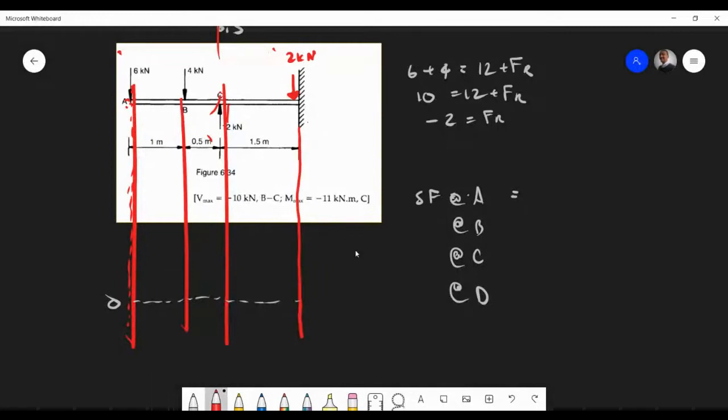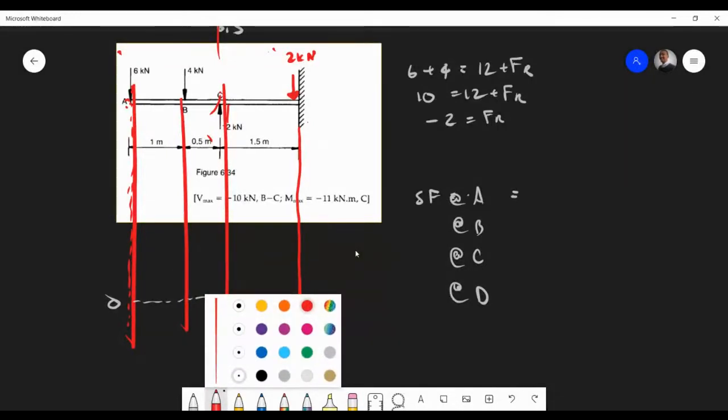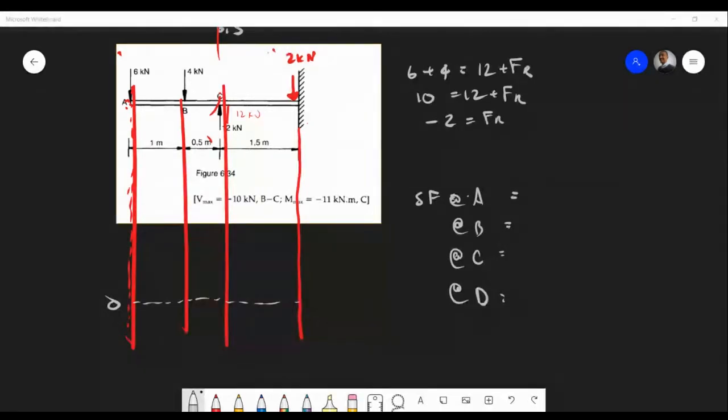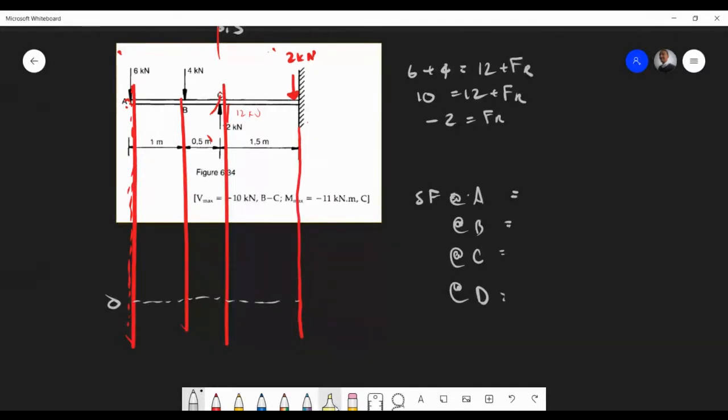Let's go, students. What's my shear force at A? You guys are unsure. Is it 0? No. What did I tell you? Is it 6 or -6? -6, fantastic. Good.